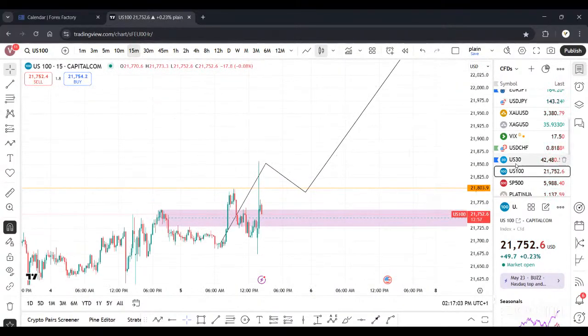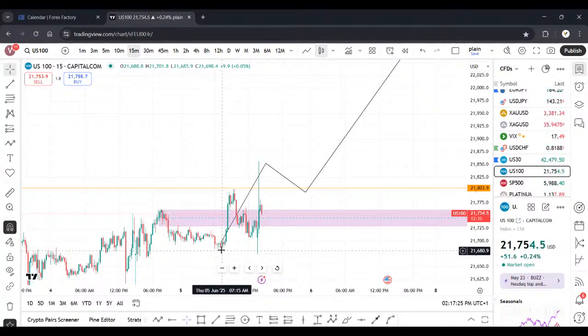On US 30, we had a pullback 1:3 on that trade setup. On this one, we lost this trade setup here, because if you placed your limit order here, like I used to advise, you would have been stopped out eventually, right? So on today's trade, we make 3R on US 30, and then -1R on US 100, which is the NASDAQ.